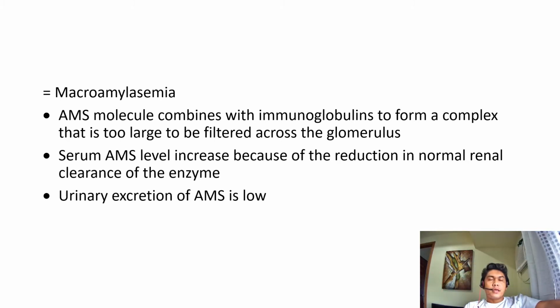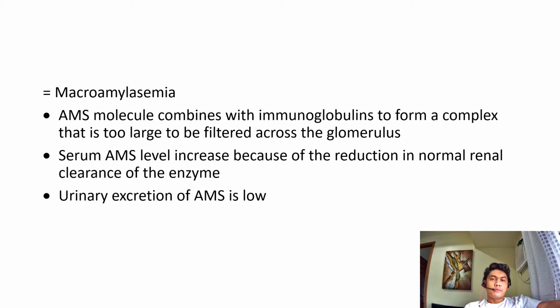And remember, immunoglobulin is a big protein. After that complex formation, that complex is not readily filtered by the glomerulus. You cannot eliminate that through urine. So there's an increase in serum amylase level.